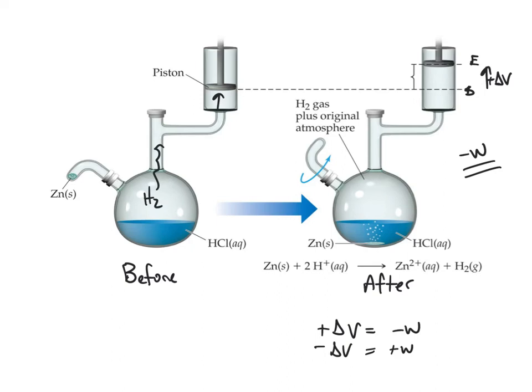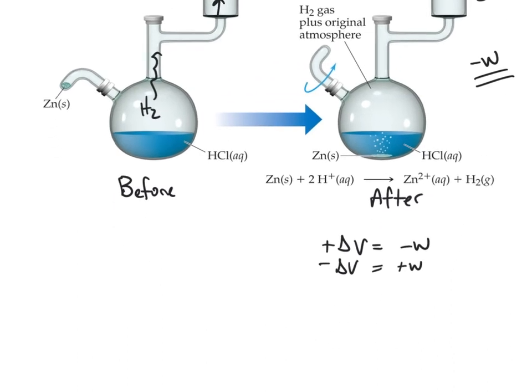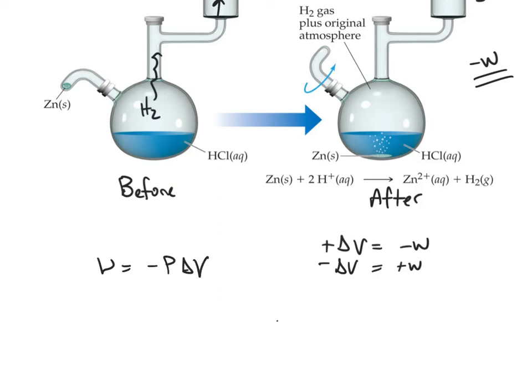If the pressure increases and the volume then decreases, according to Boyle's law, then work is going to be done on the system. But if the system is allowed to do work on the surroundings, the volume will increase, the pressure decreases inside the system, and that's work done by the system, or a negative W. To put it algebraically like they have in the book, the work is equal to negative P times the change in volume.